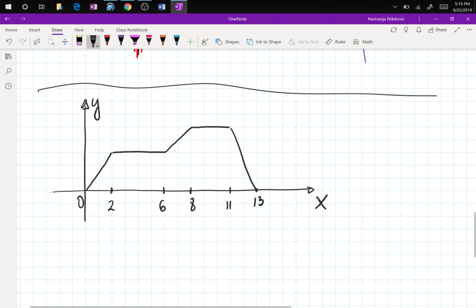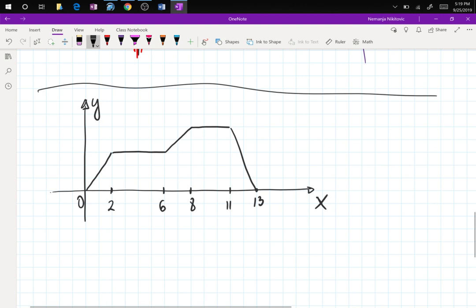What you need to get used to now is not looking for points. You now have to look for the intervals and what's happening over the interval from x1 to x2. So what is happening with the function from 0 to 2? It's increasing. So the derivative is going to be positive, right?